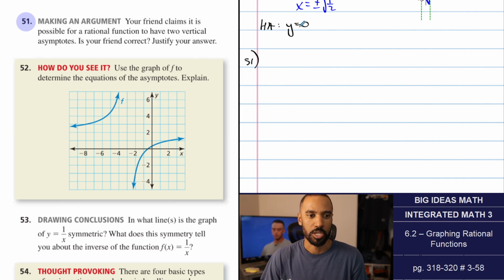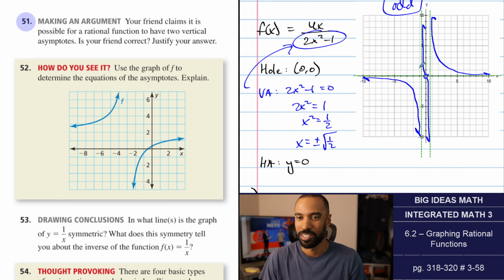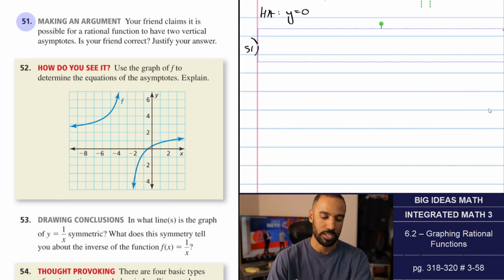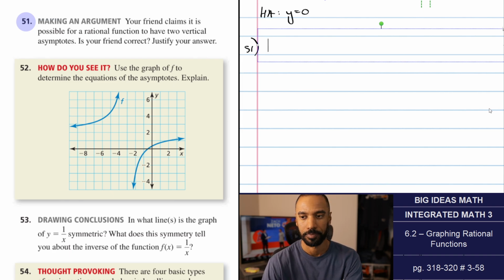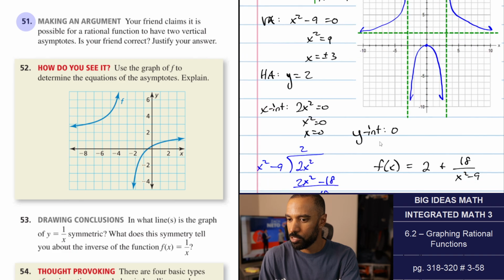Your friend claims it's possible for a rational function to have two vertical asymptotes. Is your friend correct? Justify your answer. You just saw it. So yes. Basically you need multiple values of x that can get you 0 in the denominator. Number 48 and 50?